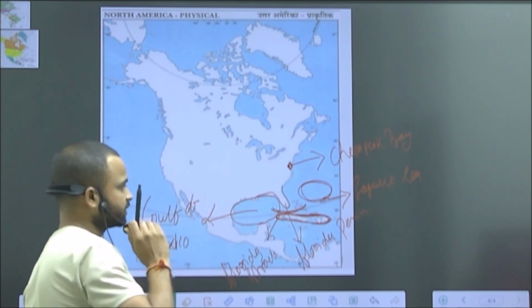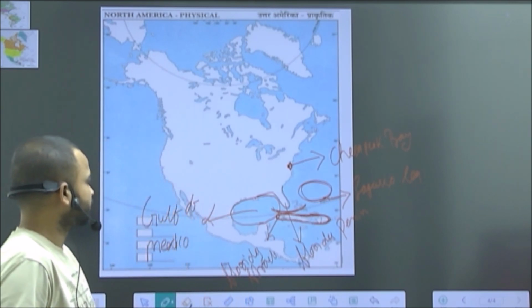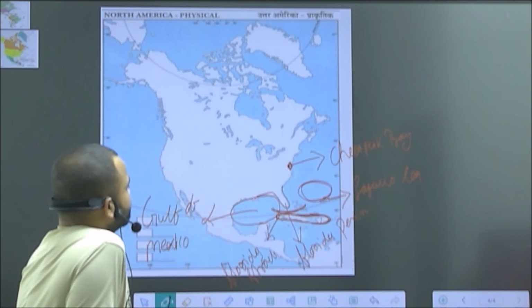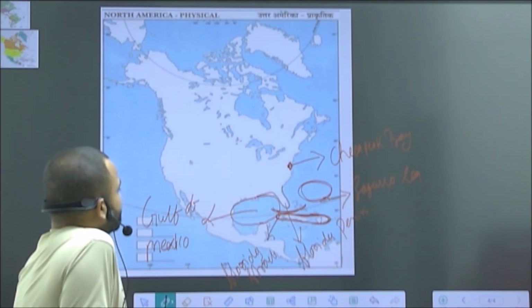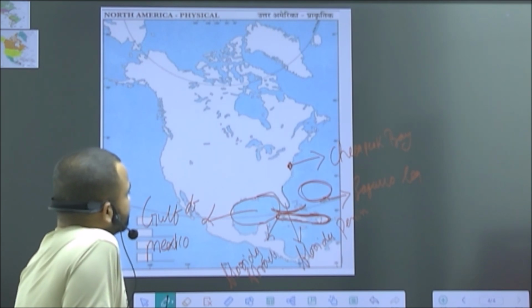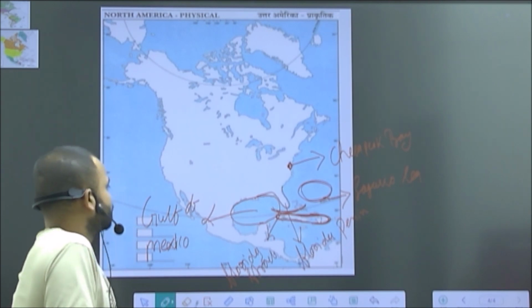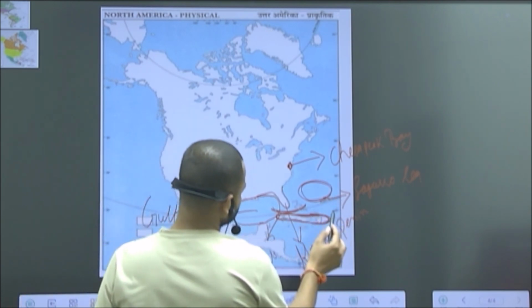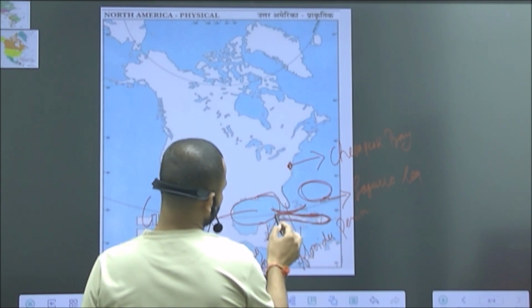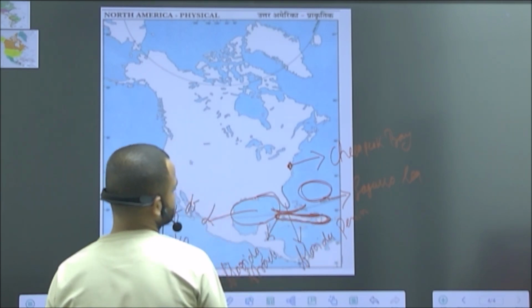So you can say Florida Strait isolates Florida Peninsula from Greater Antilles and joins Sargasso Sea to Gulf of Mexico.